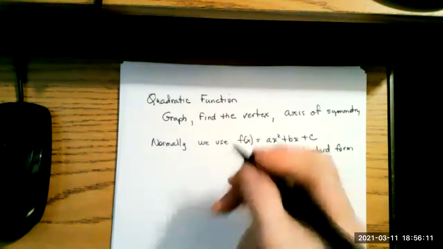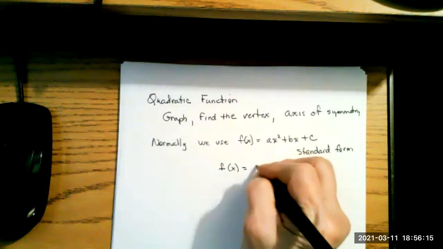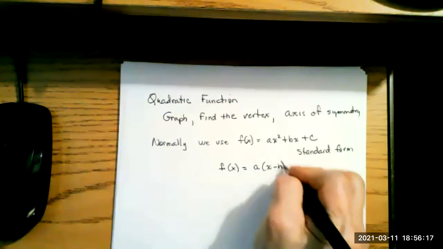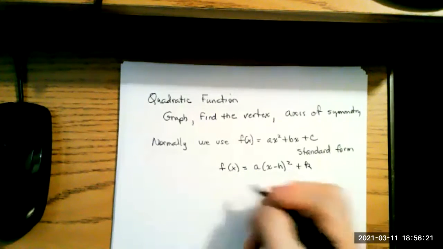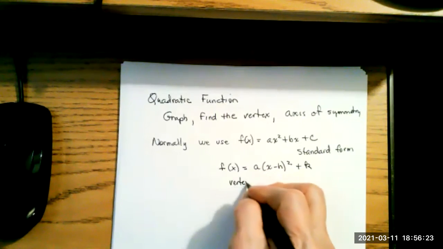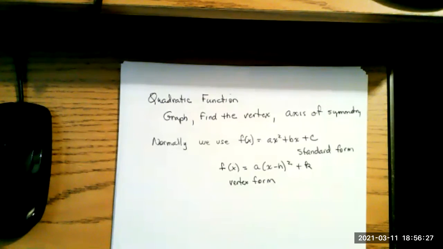It's called the vertex form. f of x equals a times (x minus h) quantity squared plus k. And this is called vertex form. I think there's only one problem that does this. And the vertex form is not bad.